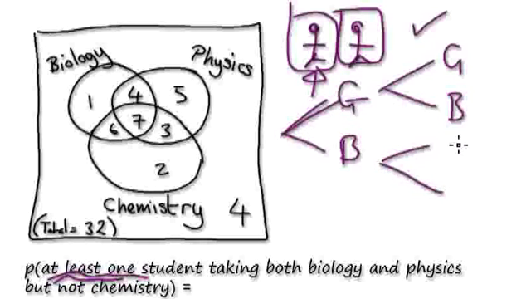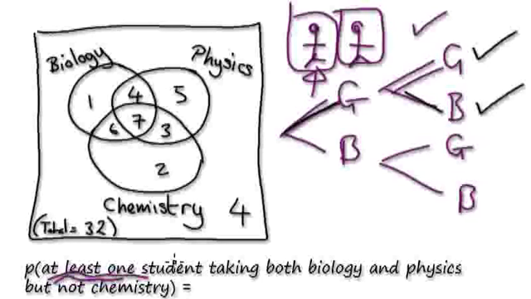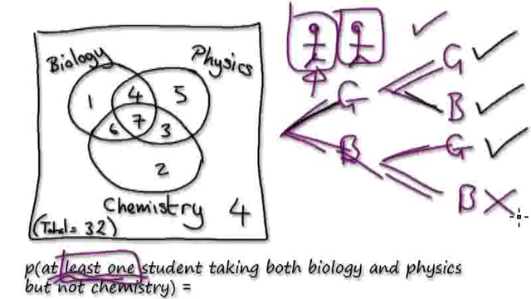If you draw your tree diagram, good, good means 2 students are good, so that would be a good outcome. A good student, a bad student, that would be a good outcome because it's saying at least one. Bad, good would be a good outcome. Bad, bad would be a bad outcome.